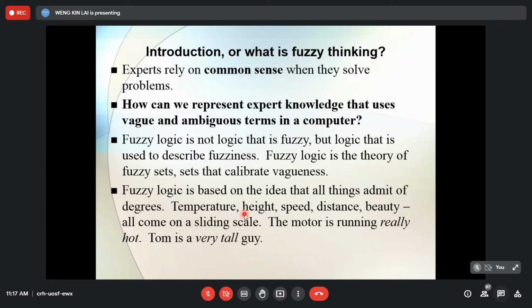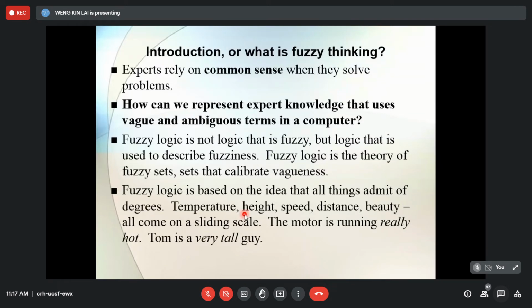So tall can mean maybe 7 feet is a really tall guy. But for us in Malaysia, maybe tall can be just 6 feet, right? Because in general, Malaysians are not that tall. Again, I know you can also argue, when I say not that tall, what do you mean by that?